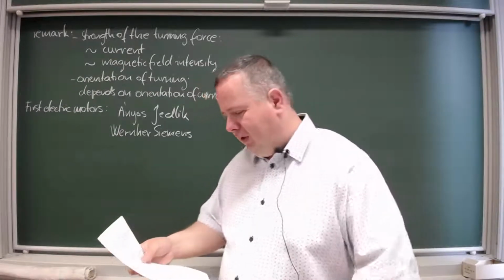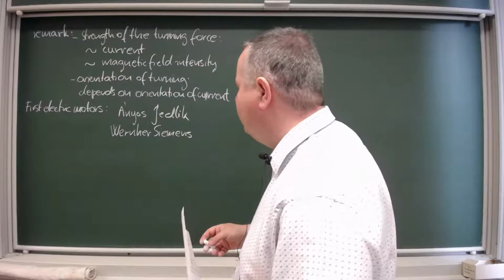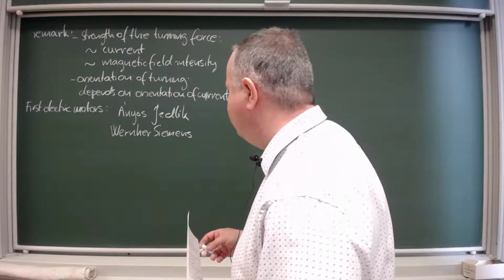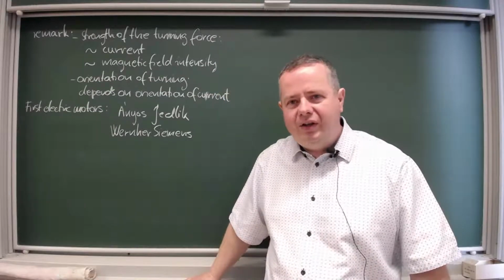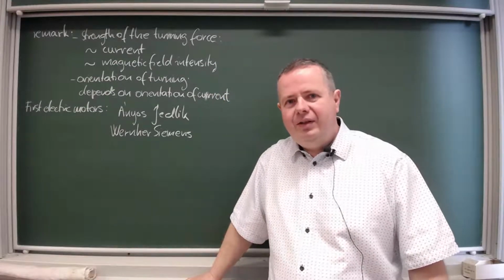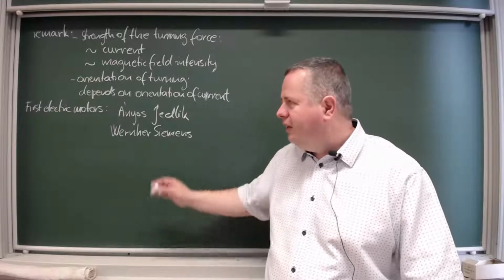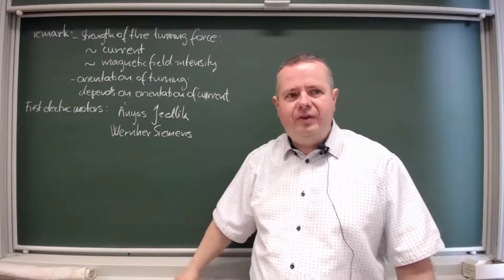Okay, so now some words about the layout of electric engines. What are the basic parts they are composed of? Every electric engine is based on the Lorenz force principle.